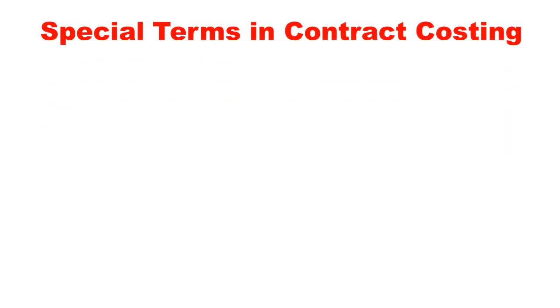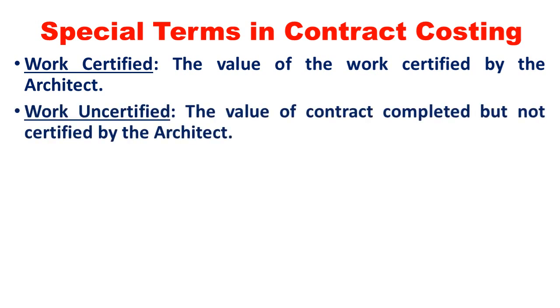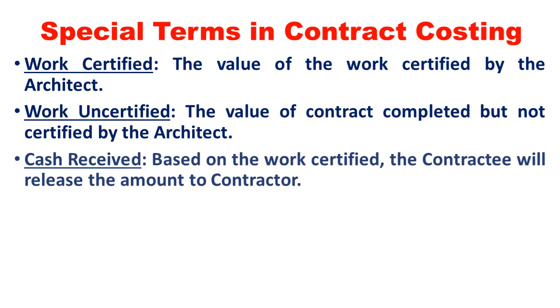Special terms in contract costing. Work certified, in the sense the value of work certified by the architect of the contractee. Work uncertified, the value of contract work completed but not certified by the architect. In the sense, the work completed to some extent but not certified by the architect is called uncertified work.